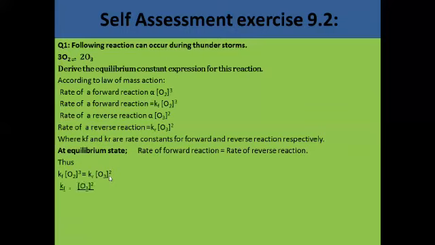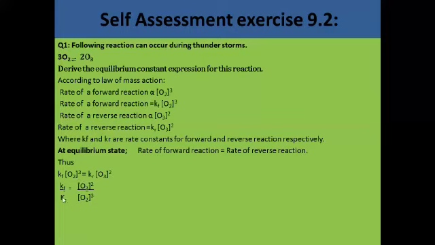Now we keep the constants on one side and the variables on the other side. Kf and Kr are the constants, and the concentrations of ozone and oxygen molecules are the variables. We will write the variables on one side and the constants on the other.